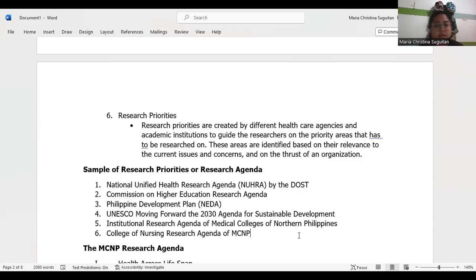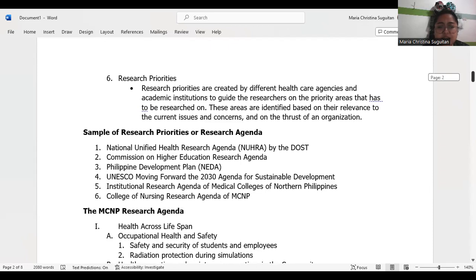So ganyan po ang mga priorities namin. Sabi niyo, ano ba yung hirap-hirap magpa-clearance sa school? Okay, kung kayo nahihirapan kami din po, nagpapa-clearance kami. Eh yung clearance namin kasama pa doon ang mga research. Okay? Kaya nabanggit dyan, Institutional Research Agenda of MCNP.